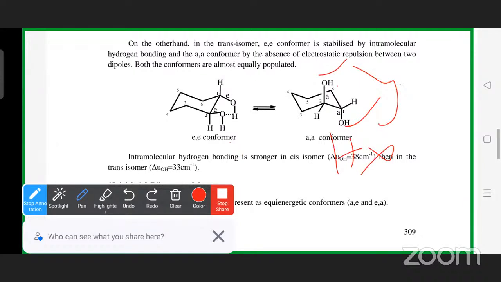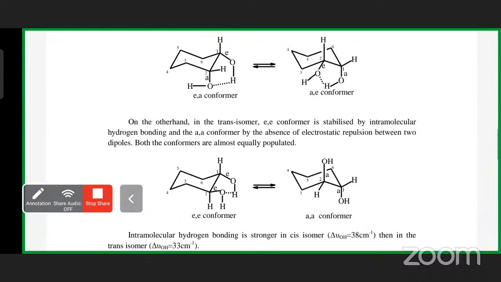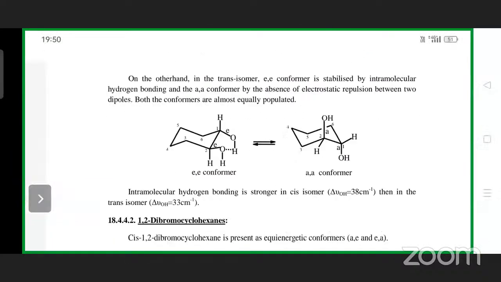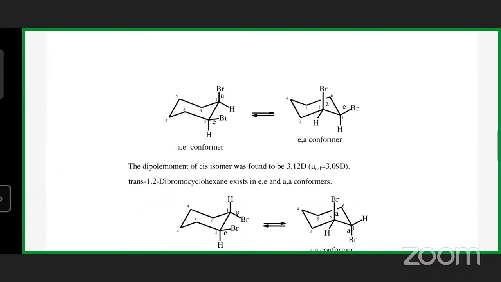And here you see the orientation is towards, near here, so it will be able to form the hydrogen bonding. And the hydrogen bonding interaction may be stronger in this cis conformation.